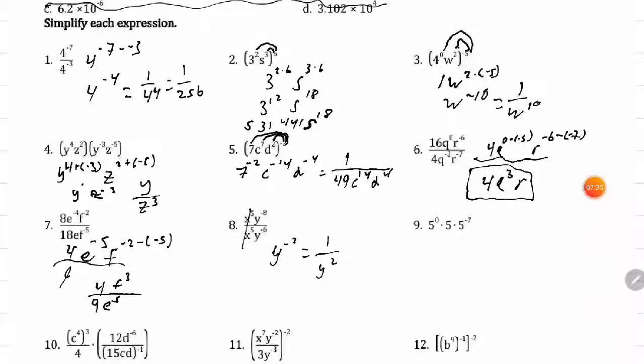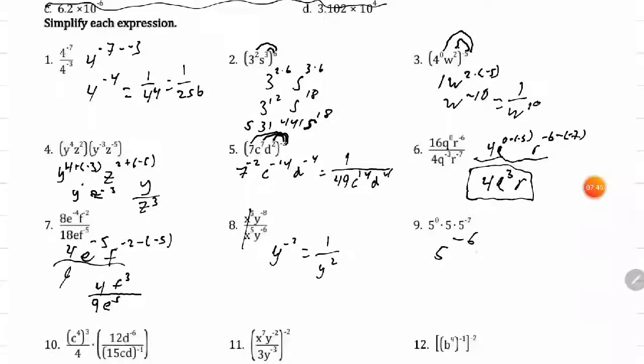Number 9. 5 to the 0 times 5 to the first times 5 to the negative 7th. When we're just multiplying these together, we just add all the exponents together. So 0 plus 1 plus a negative 7. So that would be 5 to the negative 6.